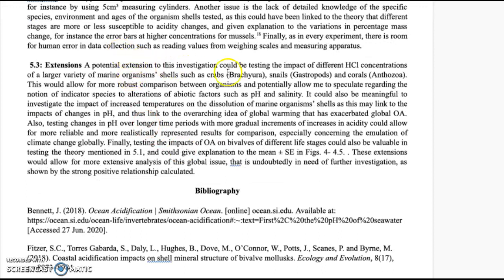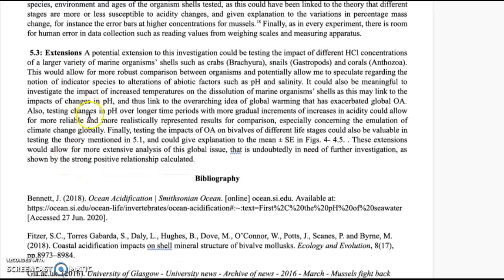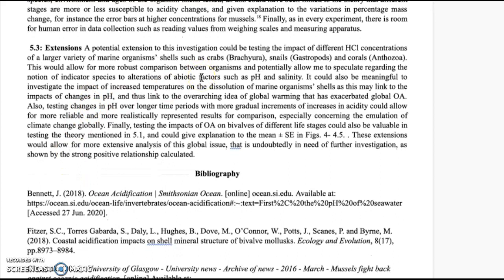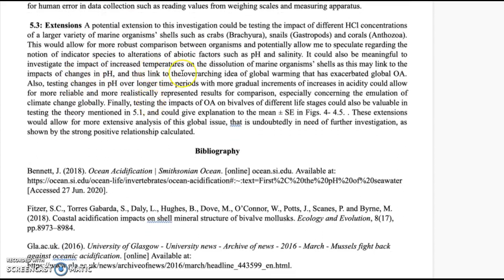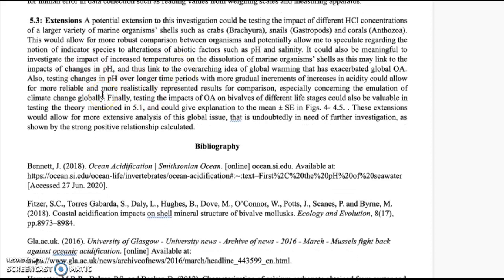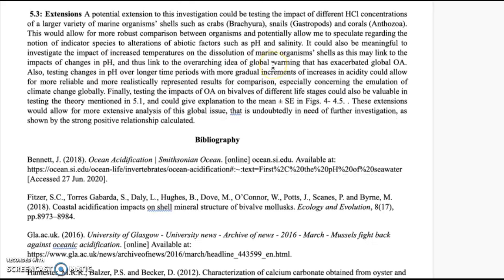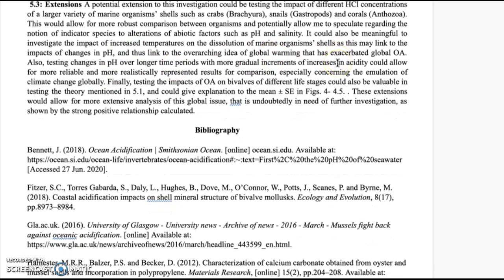A potential extension could be testing different hydrochloric acid concentrations on a larger variety of marine organisms like crabs and snails, because that would be more robust, or to see the impact of increasing temperatures, because that's also another factor that relates to changing pH and the idea that global warming has exacerbated global ocean acidification.